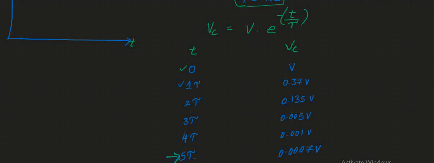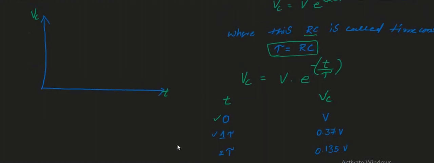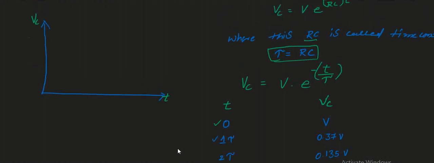So by this table, if I draw a graph, initially at t equal to 0, what will be the value of your Vc? It is equal to V. And at t equal to 1 tau, it is reaching the value of 0.37, that is 37% of V. And at 2 tau, again it is decreasing.